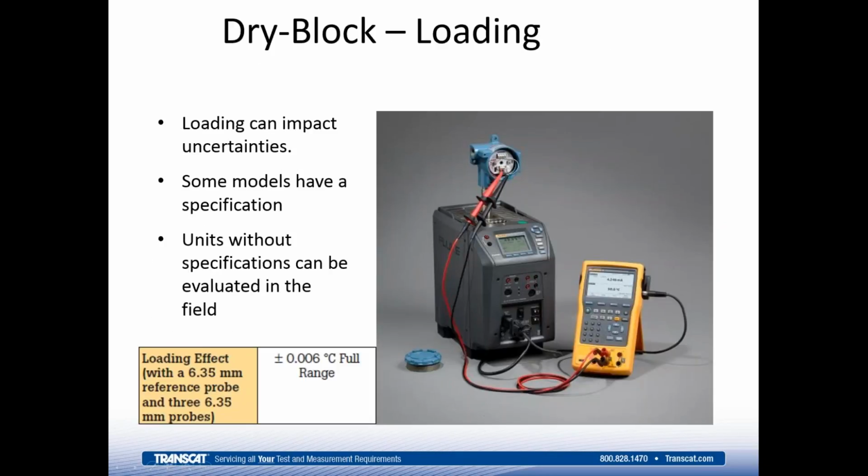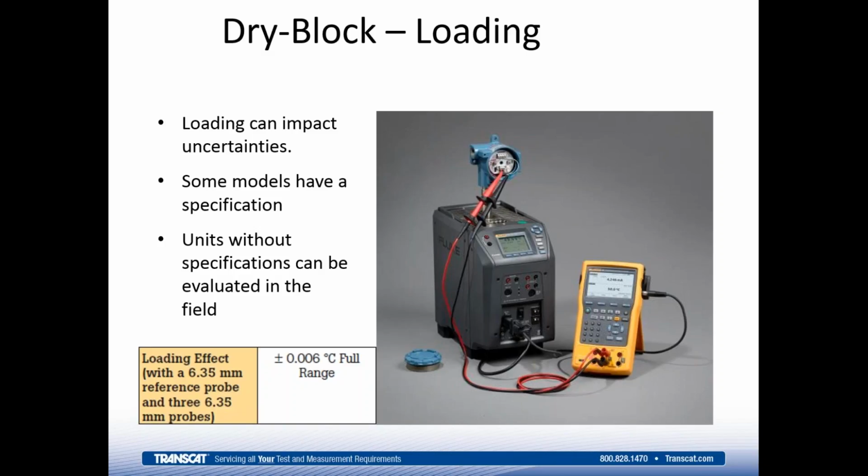The next uncertainty that we'd be concerned about is called loading. The larger the instrument that I put inside of a dry block calibrator, for example a thermal well, the more impact on loading. Or let's say I put 3 or 4 probes inside of the dry block. That's also going to impact the uncertainty caused by loading.